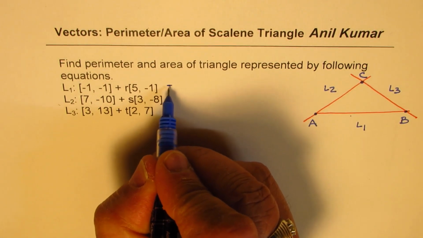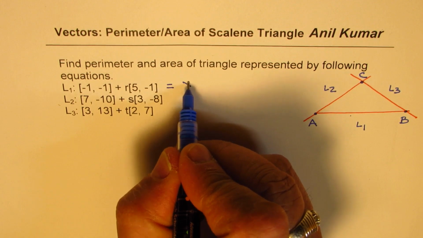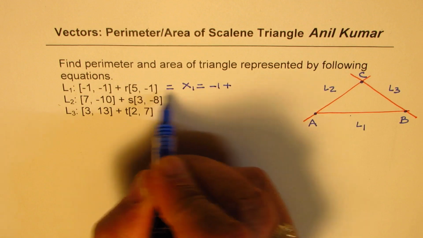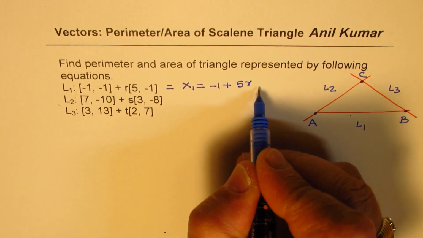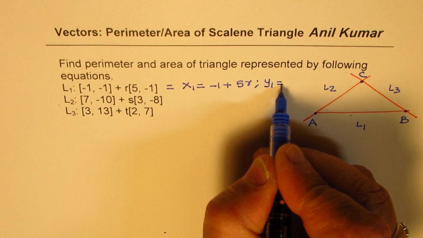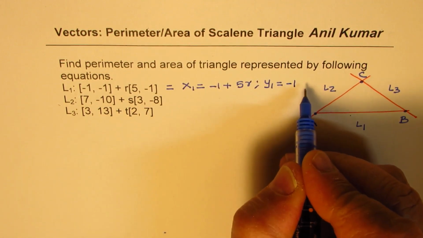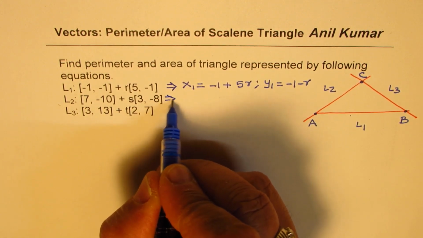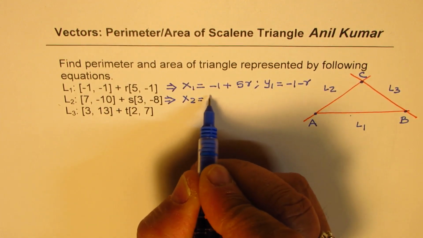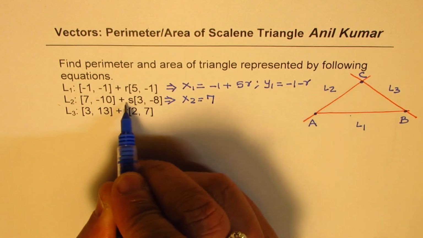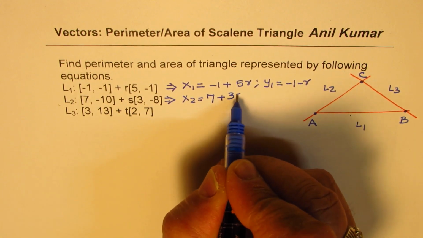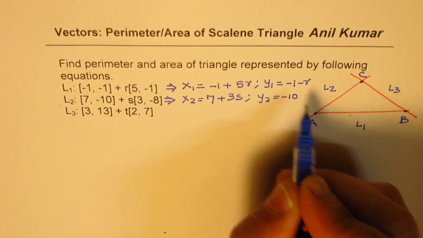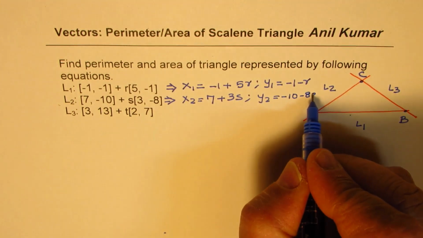You could also write these equations in parametric form. So you can say x1 is equal to -1 plus 5r, and y1 is equal to -1 minus r, correct? Now for the second equation, we could write x2 as equal to 7 plus 3s and y2 as equal to -10 minus 8s.